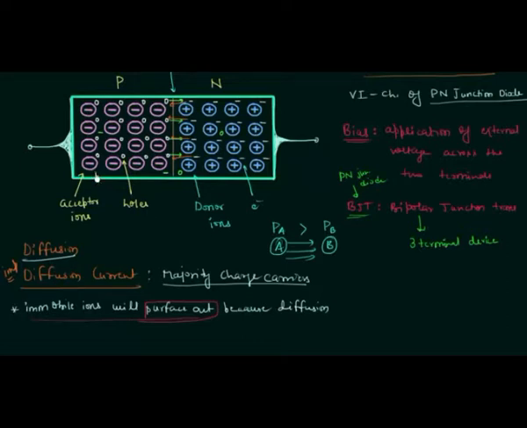With acceptor ions we had holes, so electrical neutrality was maintained. In the same way, with donor ions we had electrons. But as these holes combine with electrons, we are left with positive and negative ions. Because of this, the depletion layer is formed in a PN junction diode.